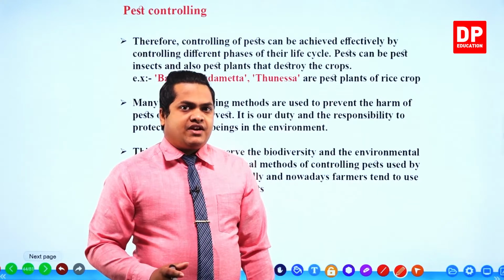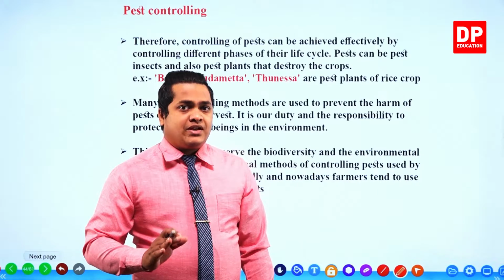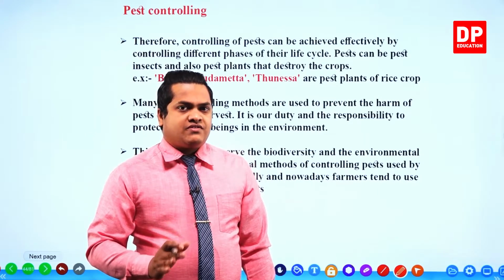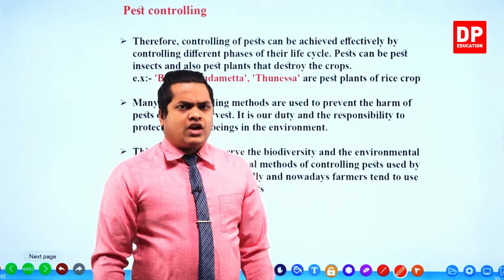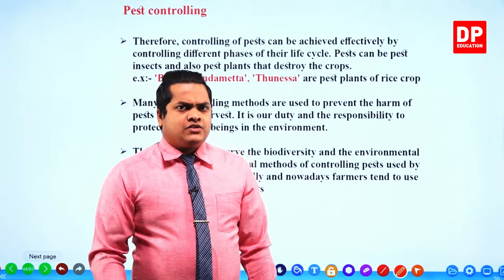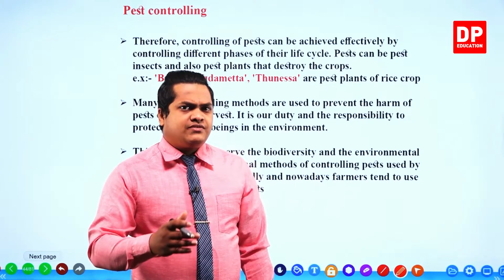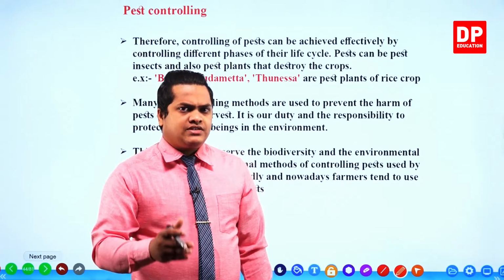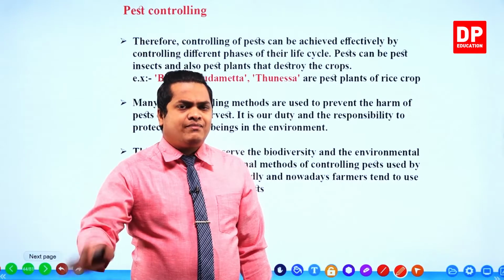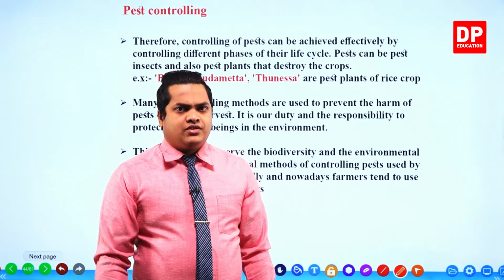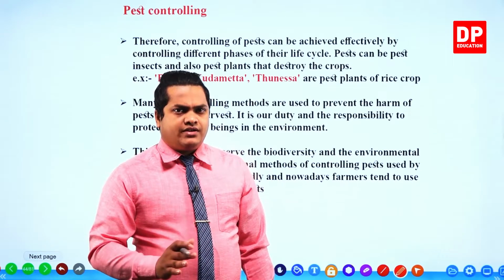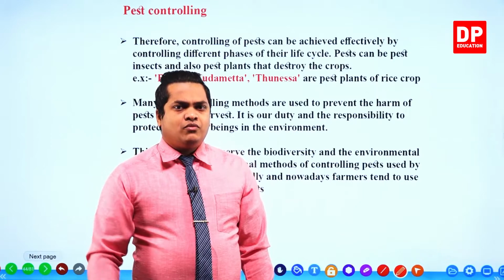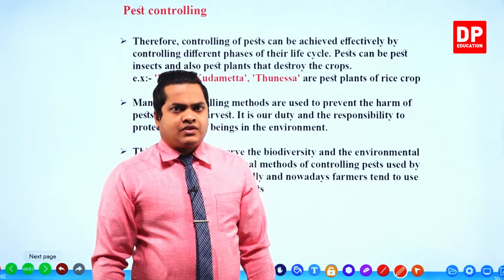If a certain environment is threatened for the survival of these organisms, then they will not come to that place. Upon controlling, these organisms will tend to move on to a different location, right? As the environment is somewhat threatened, definitely they will move on to a different place.